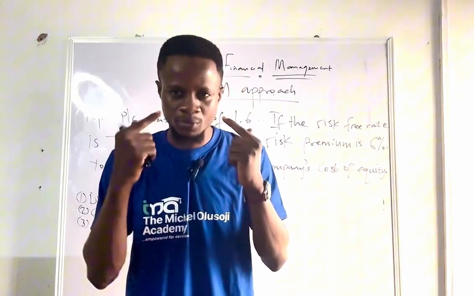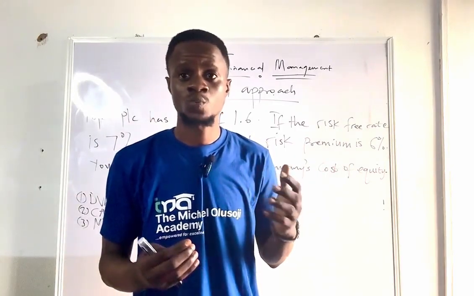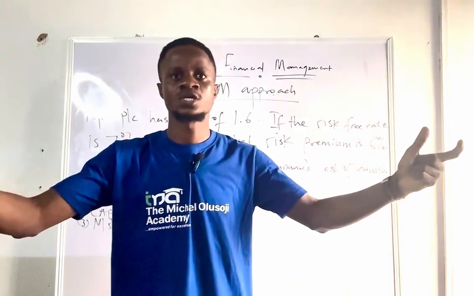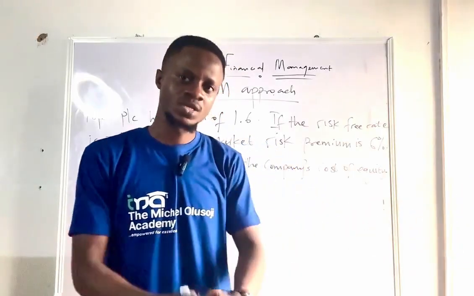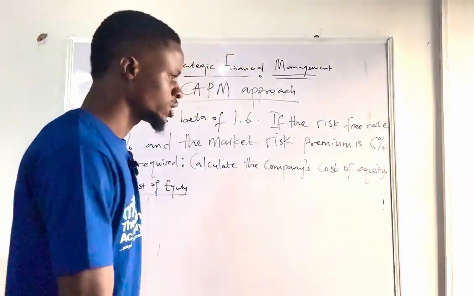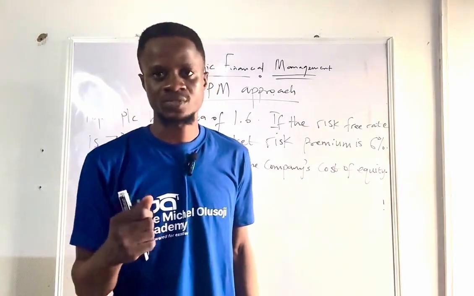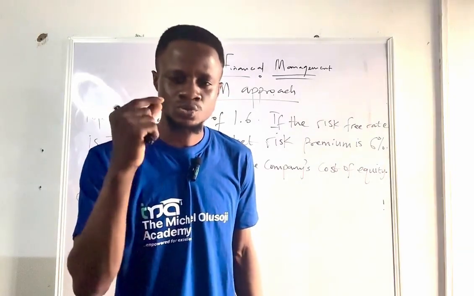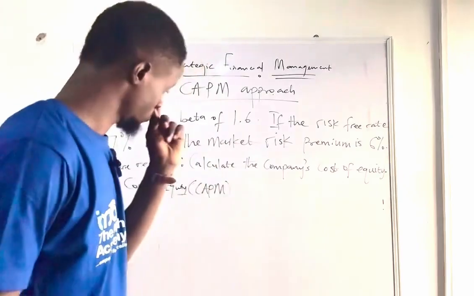But when it comes to WACC, you cannot see it from the point of view of the investor, but from the point of view of the company, because the company uses both equity and debt. All I'm trying to say is that for cost of equity, always see it from the investor's point of view. So we're going to solve questions for now.